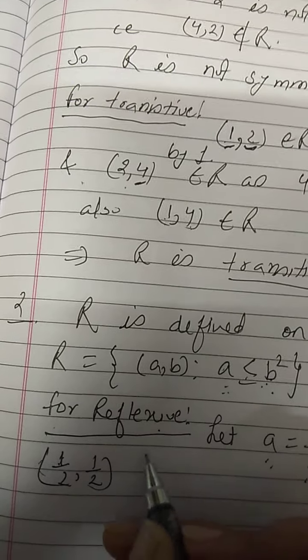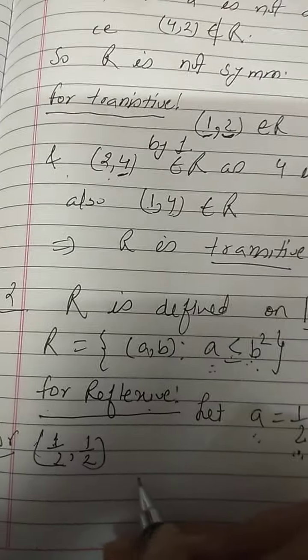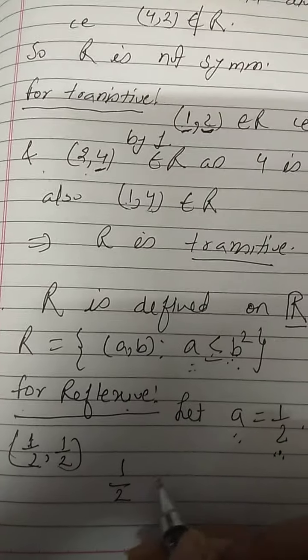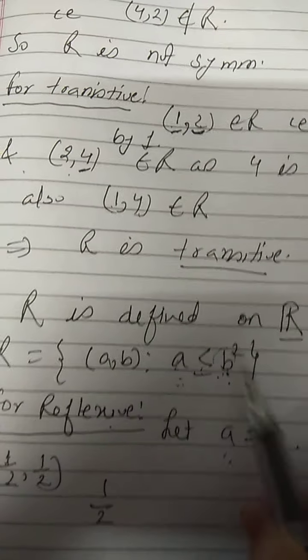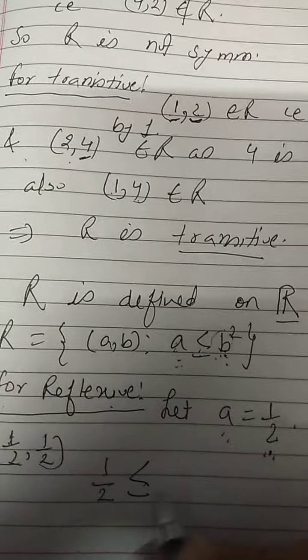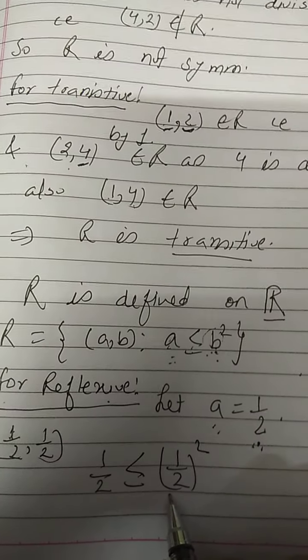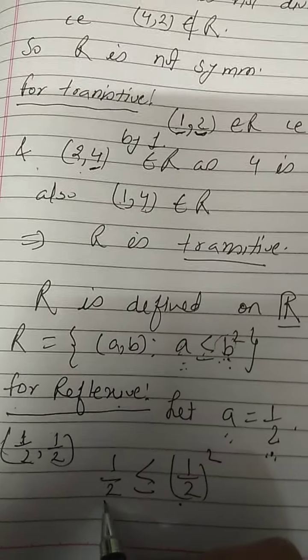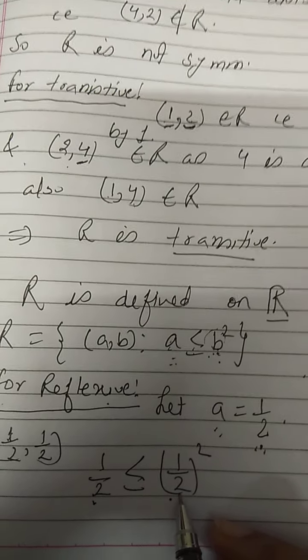Does it belong to R? Let us check for (1 by 2, 1 by 2). What is the relation? A is less than or equal to B square. Instead of B, we put A. 1 by 2 less than or equal to (1 by 2) square. Now (1 by 2) square means 1 by 4, and here we have 1 by 2. We know very well 1 by 2 is greater than 1 by 4, not less than.